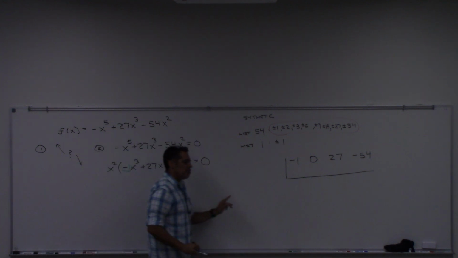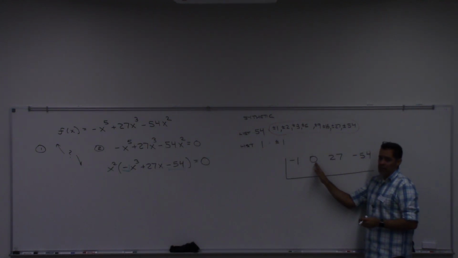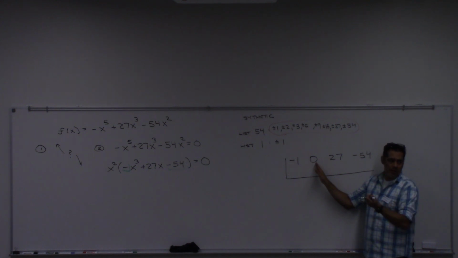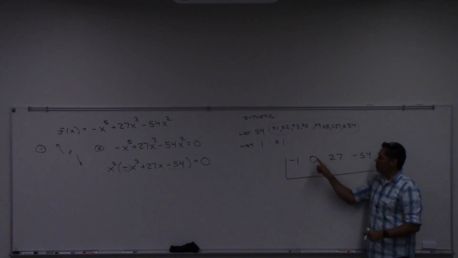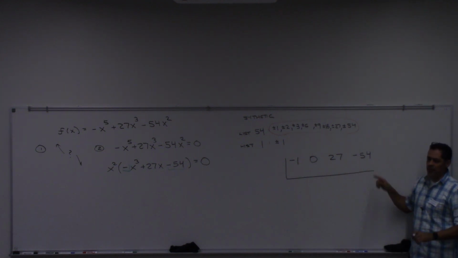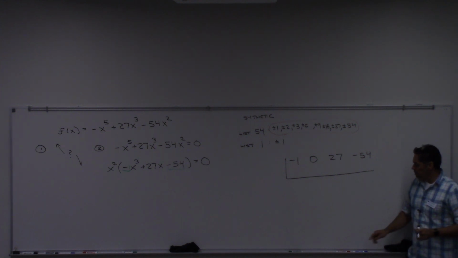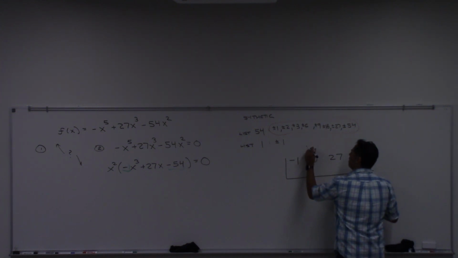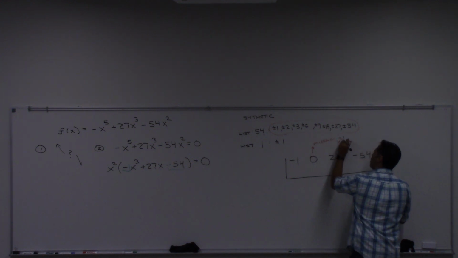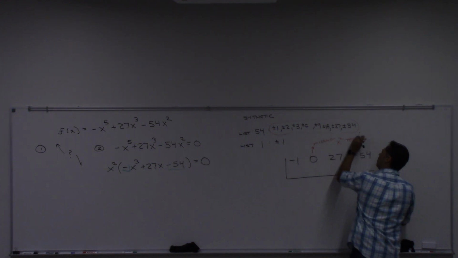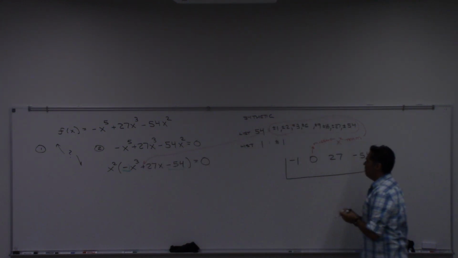In this synthetic division box, you must put a 0 as the placeholder for x squared, because you have no x squareds. That's the part. Be careful. If you just did negative 1, 27, negative 54, it won't work. This is coming because we're missing the x squared term. That's why I put a 0 there.